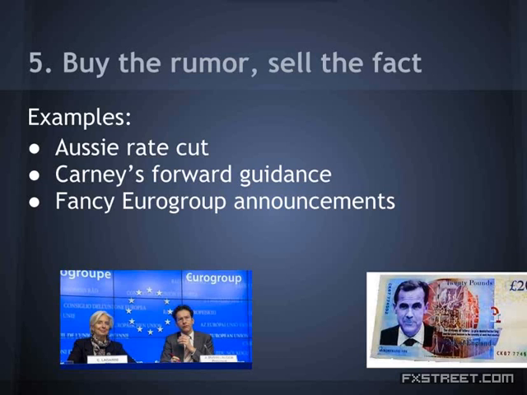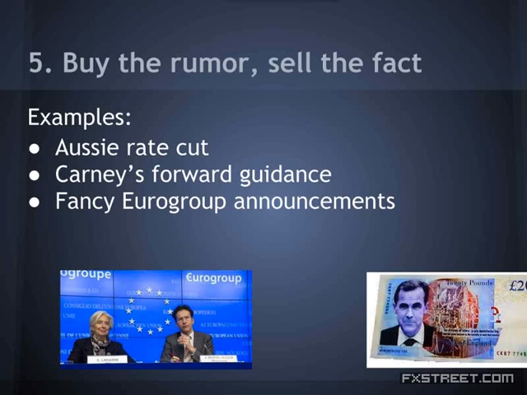Another thing, again, we didn't have it recently, or it didn't grab the headlines, but we might have it during the fall or winter here in the northern hemisphere. We had fancy Eurogroup announcements about more aid to Greece, or decisions about Cyprus, or all these things usually are leaked ahead of time, and they're priced in.